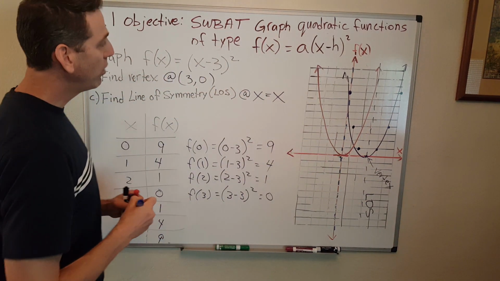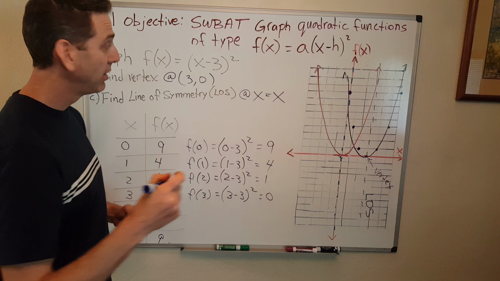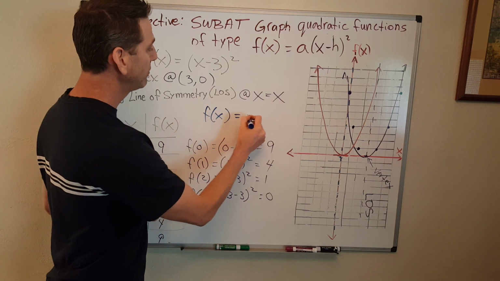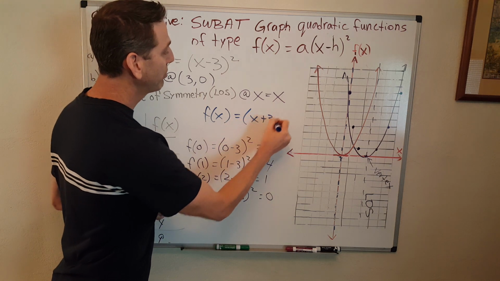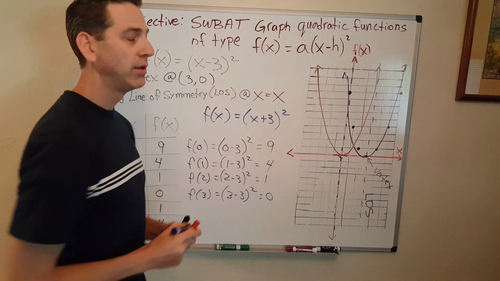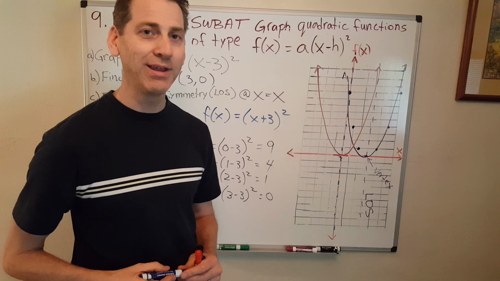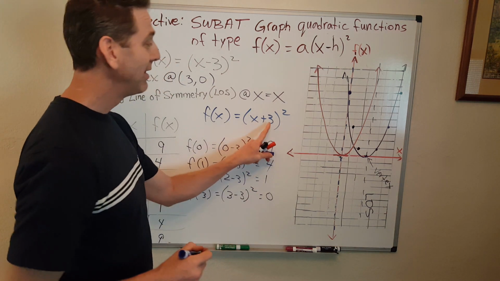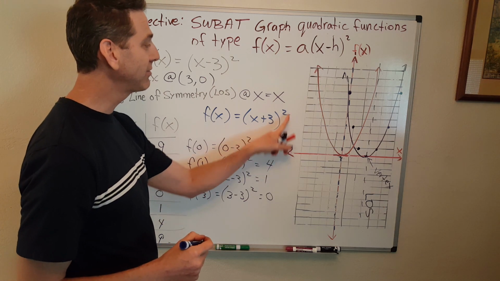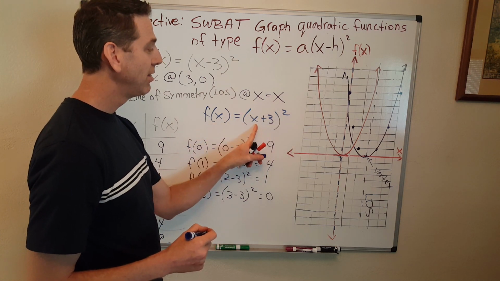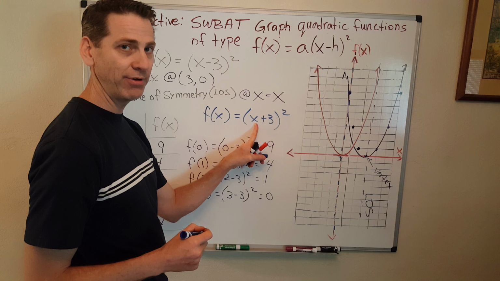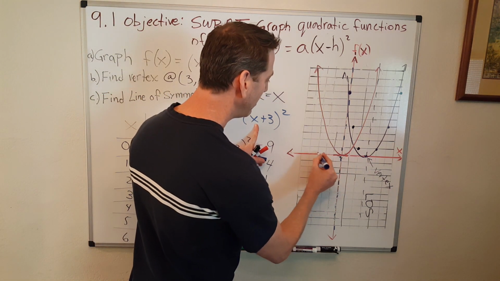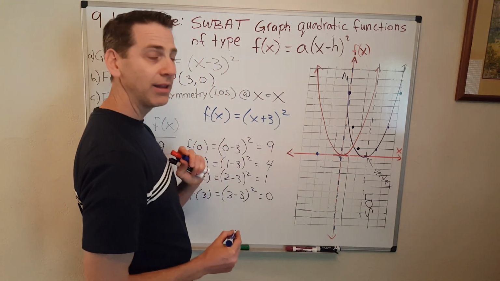Okay? Now, what do you think would have happened if we would have had f of x equals x plus 3 squared? What do you think would happen then? Well, that plus 3, in order to make this whole thing 0, this x has to be a negative 3. Right? So this thing would actually shift 1, 2, 3 to the left.